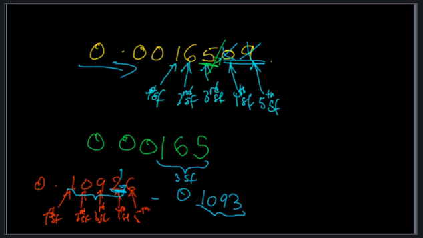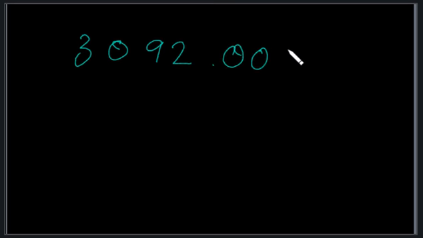Okay, so let me give you another example. I'm being very generous with my examples. Let's say we had 3,092.00563. And so first of all, this is a 1, 2, 3, 4, 5, 6, 7, 8, 9 figure number.